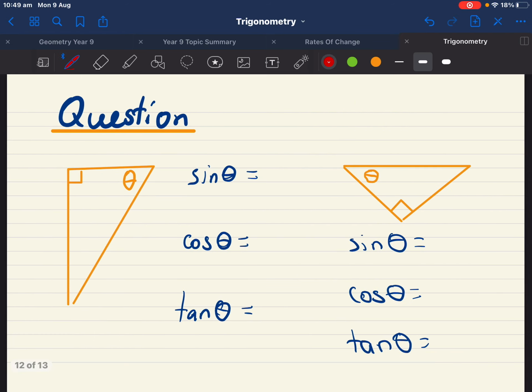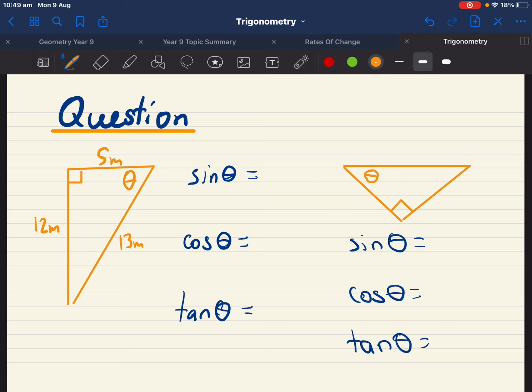All right, here's 2 questions for you guys to do yourselves. So I've given you 0 measurements because I am clearly disorganized. This is 5 meters, 12 meters, and this can be 13 meters.